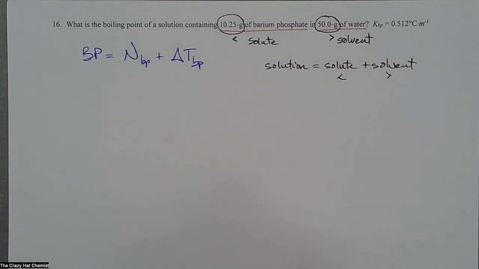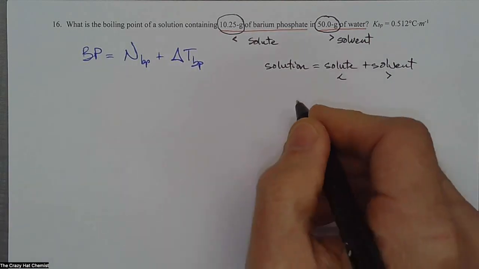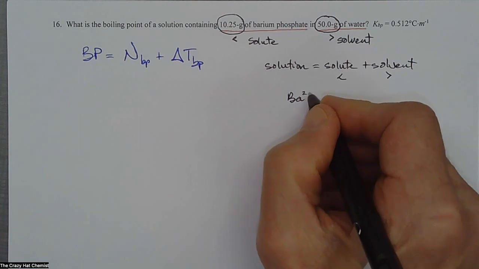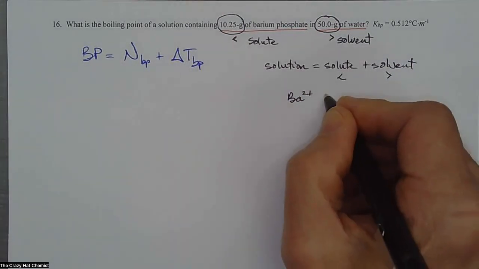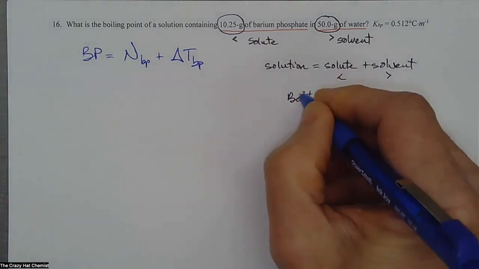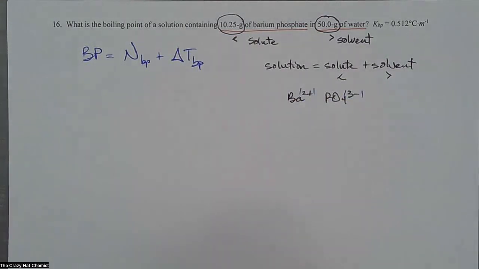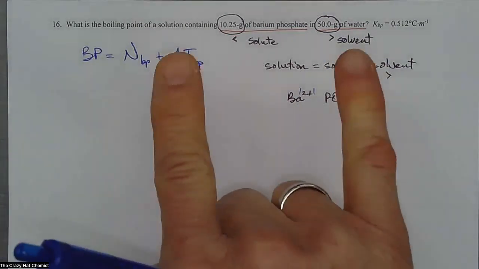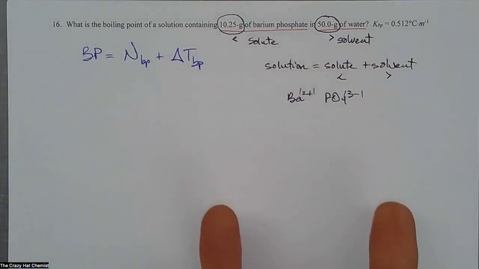The solute in this case is barium phosphate. Barium is a group 2, so that's a +2. Phosphate is PO4 3-, a polyatomic ion. We take the absolute value of these two numbers, flip the numbers, take the bull by the horns, flip and bring it down.